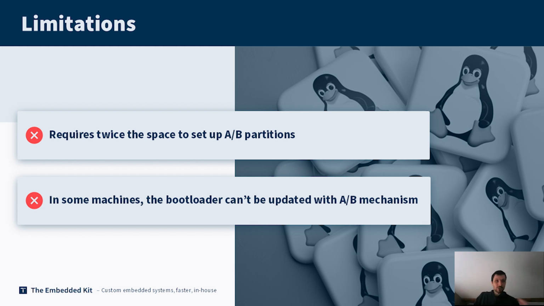Of course, in the introduction, we talked about limitations. And the first one that you have understood is that it requires twice the space on the storage media in your devices, because you have to duplicate all or almost all of the partitions. But by the way, if you consider your development in general, you are maybe concerned with reducing the vulnerability surface, reducing the size of the system to not have to update plenty of unused things.